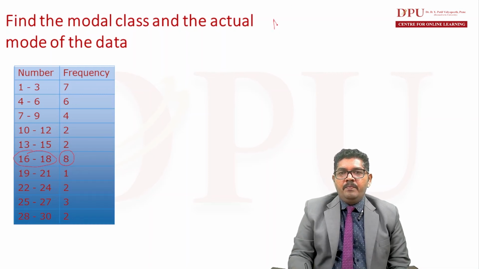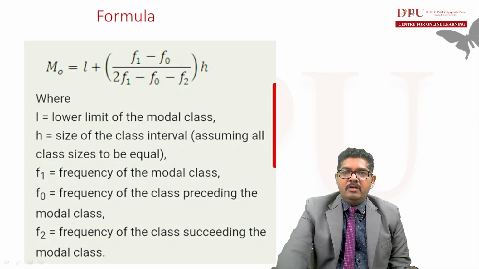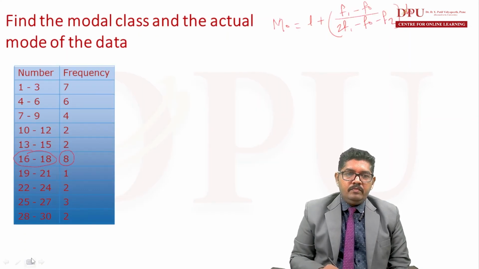So mode is equal to L plus, in brackets, F1 minus F0 divided by twice F1 minus F0 minus F2, and this is multiplied by H. Let me check it once again. Yes. So L is the lower limit of the modal class.